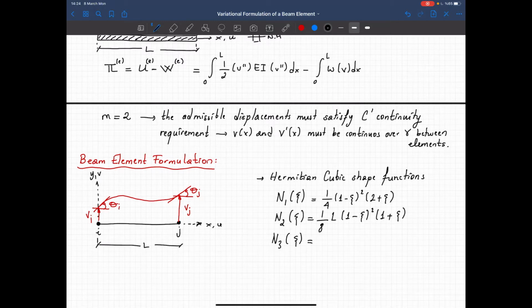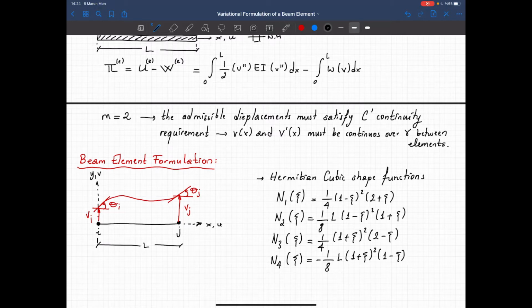N3 is equal to 1 over 4, 1 plus psi squared, 2 minus psi, and N4 is equal to minus 1 over 8 L, 1 plus psi squared, 1 minus psi.